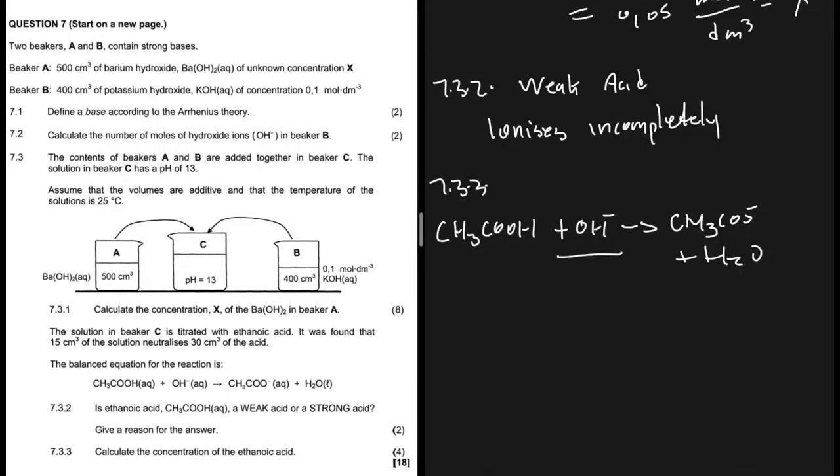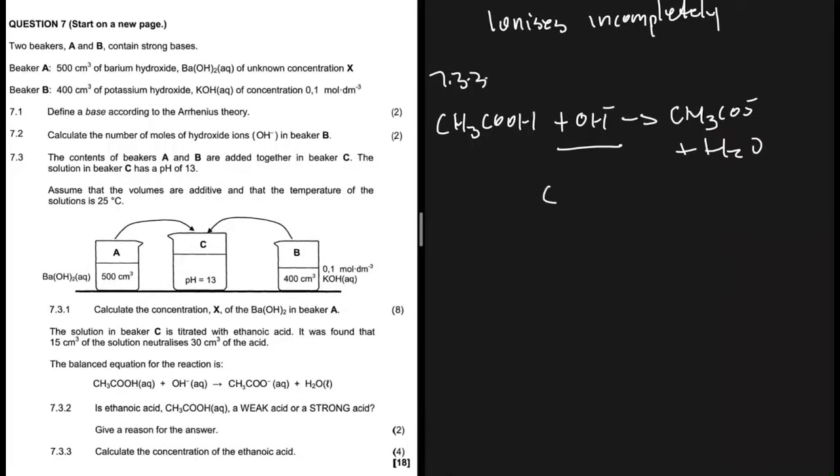So we have information for OH, which we can use to determine the concentration of the ethanoic acid. We determined the concentration of OH minus in 7.3.1, right? And it was 0.1 moles per decimeter cube. And then we're given the volume to be 15 centimeter cube, which we'll have to convert to decimeter cube.